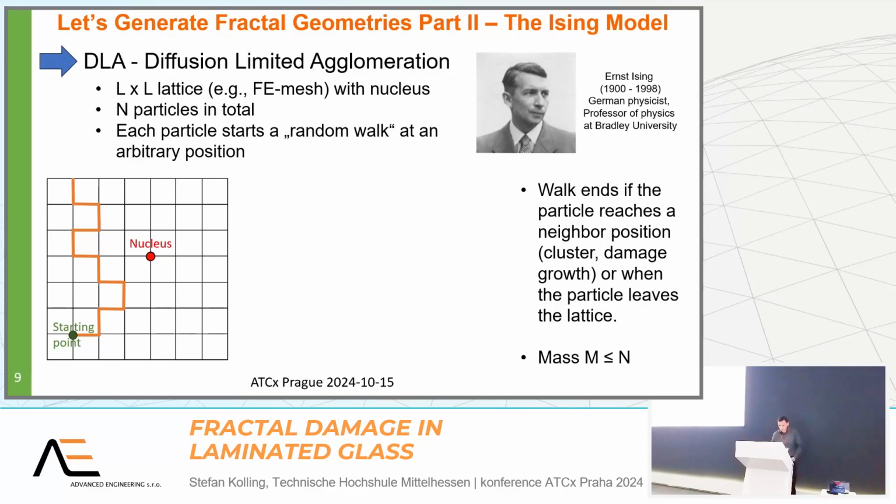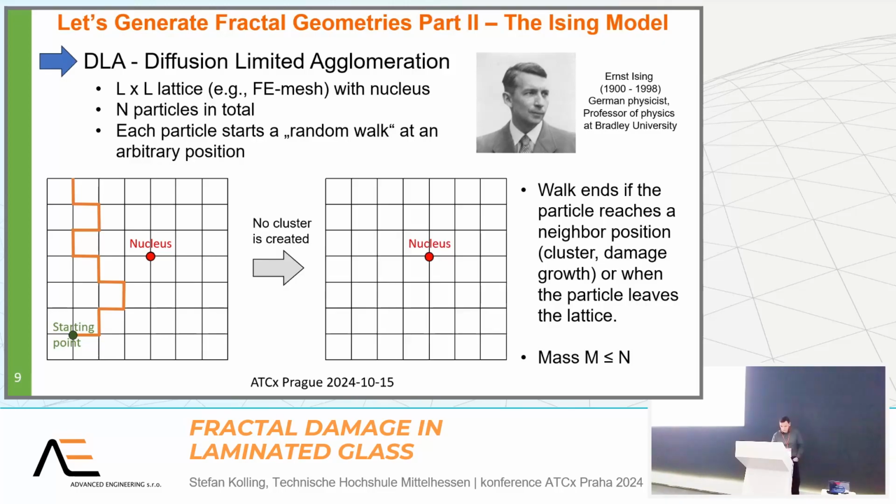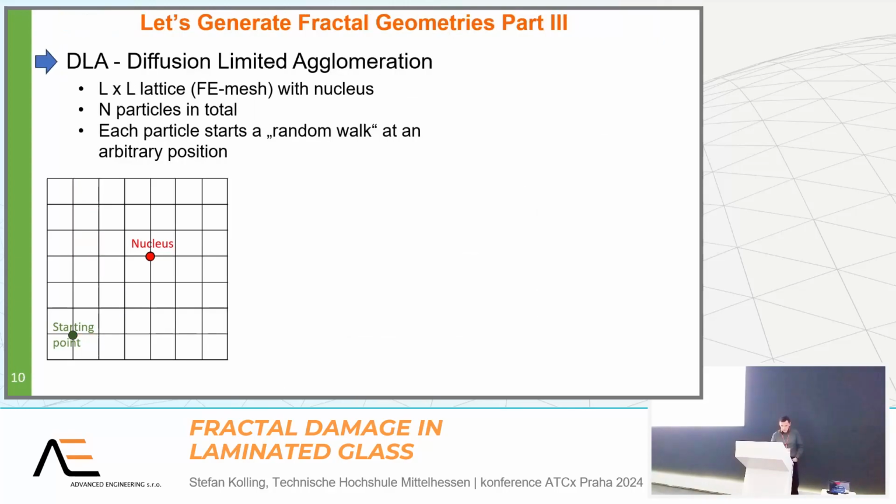So the mass is always smaller than the number of the points in the grids. So at this point, no cluster is created. In the next one, we have the same situation.